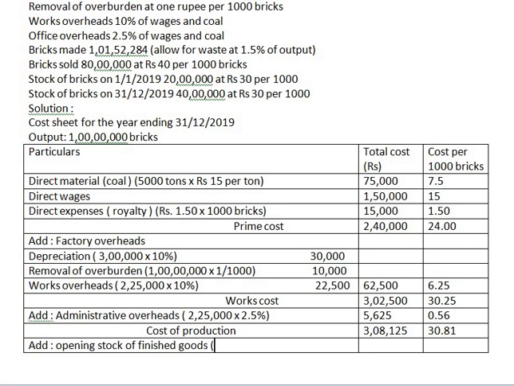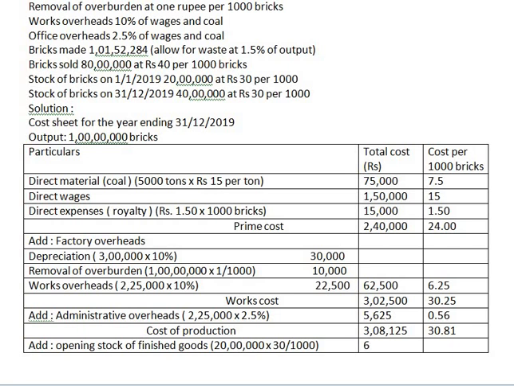Okay, now here what they have told us, 20 lakhs bricks at rupees 30 per thousand. So 30 divided by 1000 bricks. So calculate this. How much will you get?